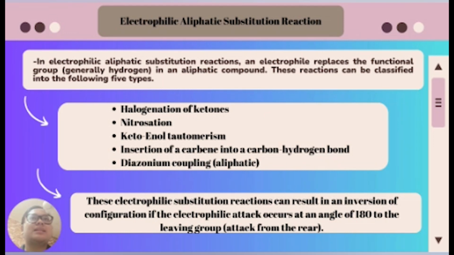The third one is keto-enol tautomerism. The fourth one is insertion of a carbene into a carbon-hydrogen bond. The last one is aliphatic diazonium coupling. This electrophilic substitution reaction can result in an inversion of configuration if the electrophilic attack occurs at an angle of 180 degrees to the leaving group, which is attacked from the rear.